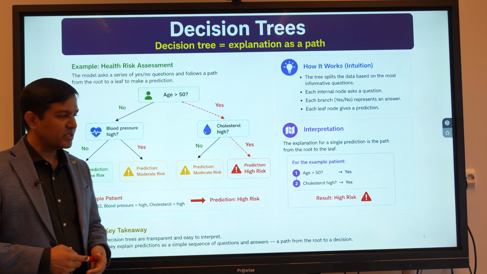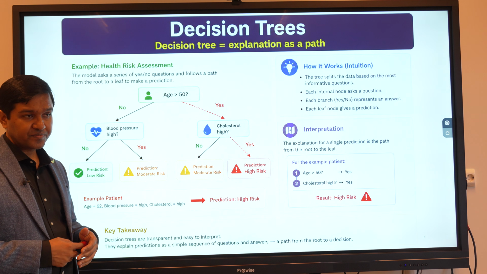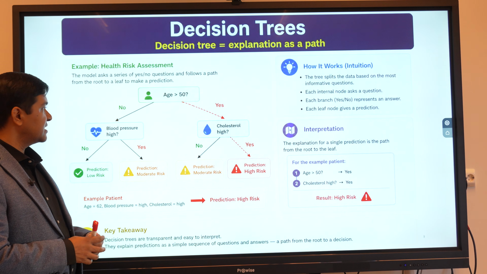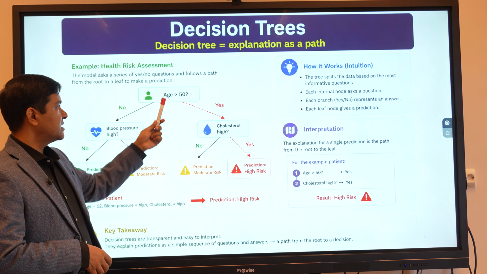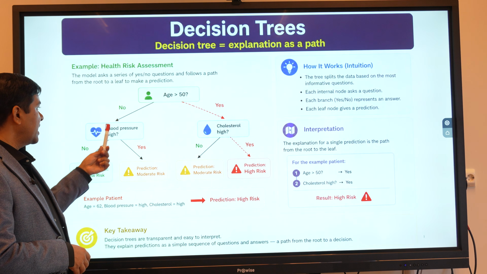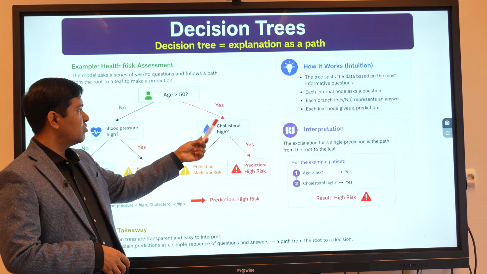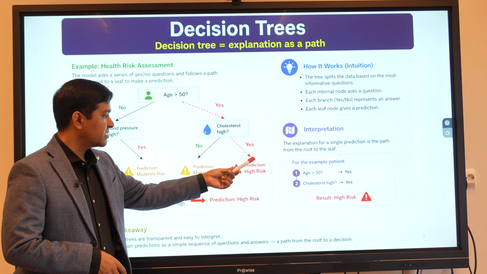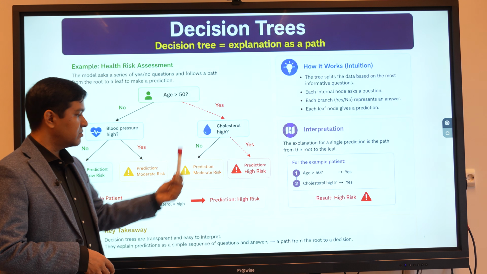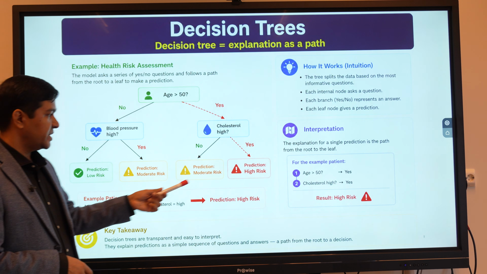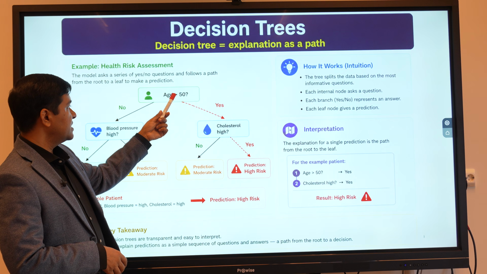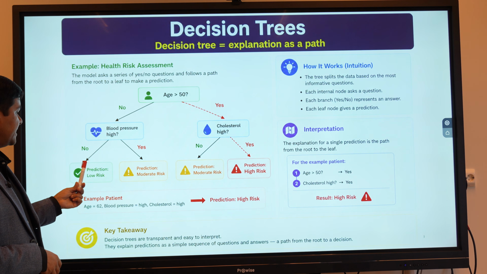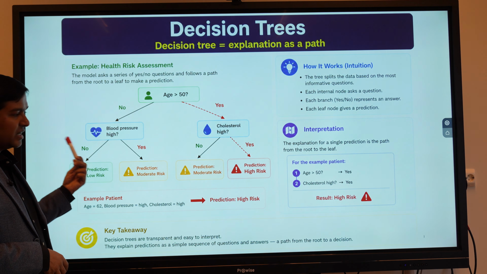Next kind of approach is the decision tree. This is an example of a health risk assessment decision tree. Someone is more than age 50, yes, does the person have high cholesterol? Yes, the risk of disease is higher, the patient is more at risk. If the person's age is less than 50 and blood pressure is not high, then it is a low risk health condition.